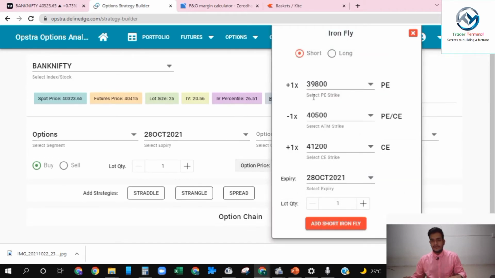Here it is already selected: for 40,500, the ATM call and put are selected, and for the put side the hedge is 39,800 and for the call side the hedge is 41,200. These are the far OTM hedges that we are going to add here. So I am going to select one lot and add the iron fly.